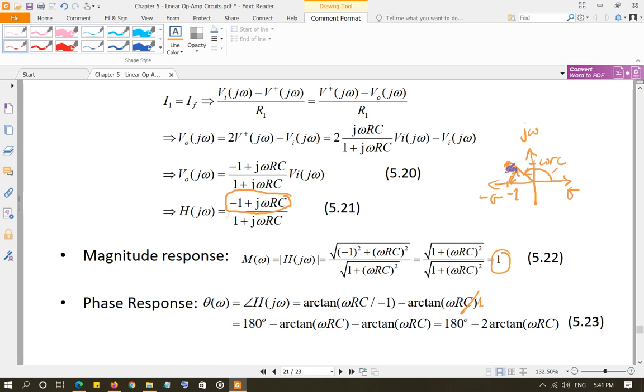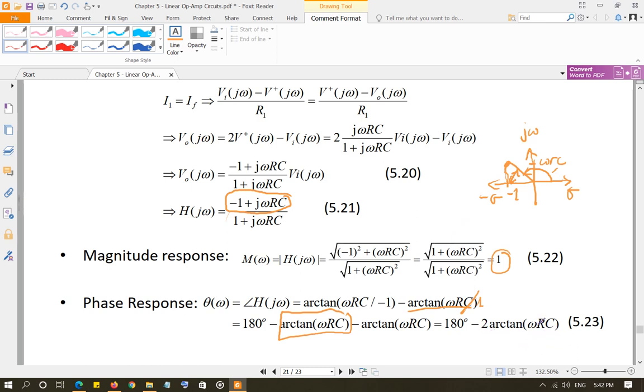This is your omega RC on the y-axis, and this is your x-axis, which we are taking as 1 basically. So we calculate this angle over here, and then subtract it from 180 degrees. So it becomes 180 minus arctan of omega RC, minus arctan of omega RC from this one. So 180 degrees minus 2 arctan of omega RC.